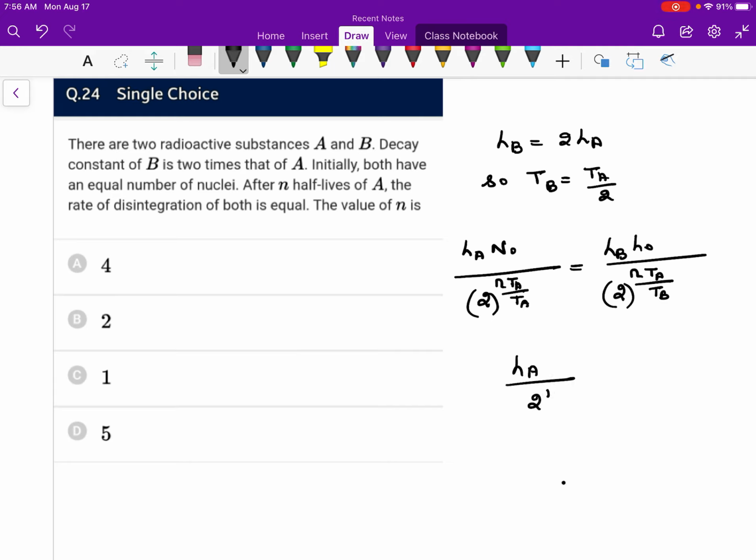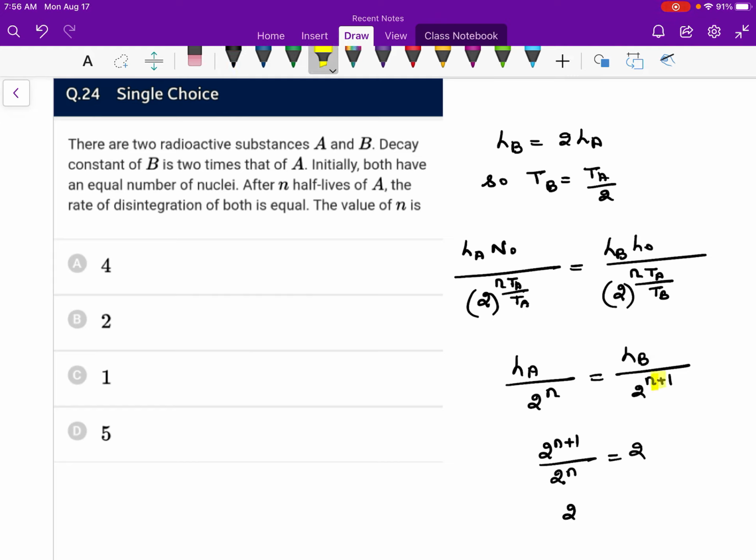So this is lambda A upon 2 raised to power n equals lambda B upon 2 raised to power, see, Tb is half of Ta, so this is 2 raised to power n plus 1. Now lambda B is twice lambda A, so this is 2 raised to power n plus 1 upon 2 raised to power n.